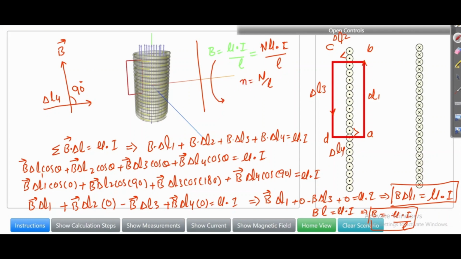So this equation now becomes B is equal to mu naught n I.